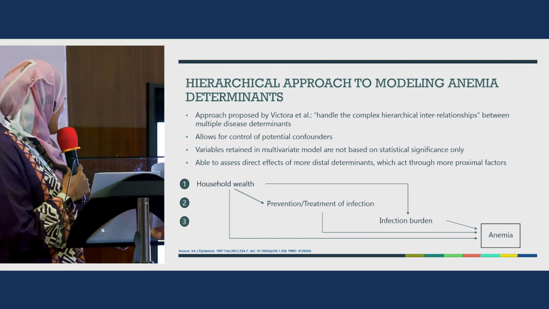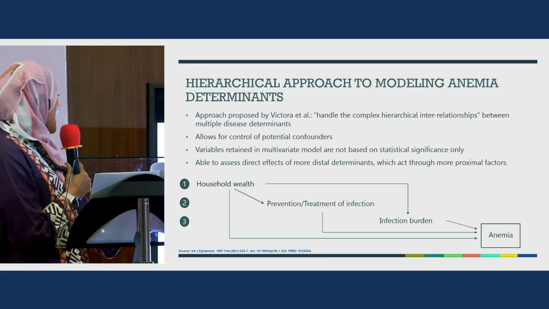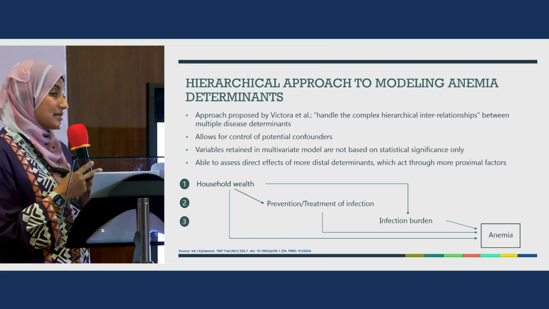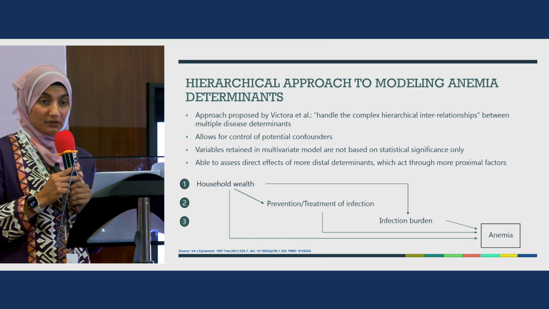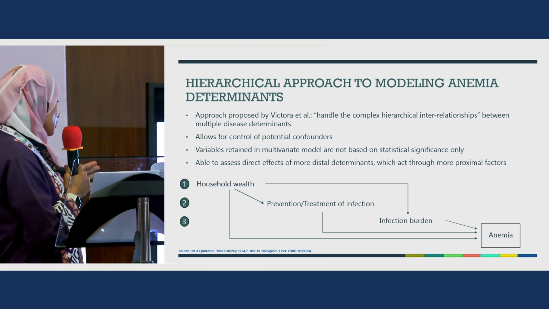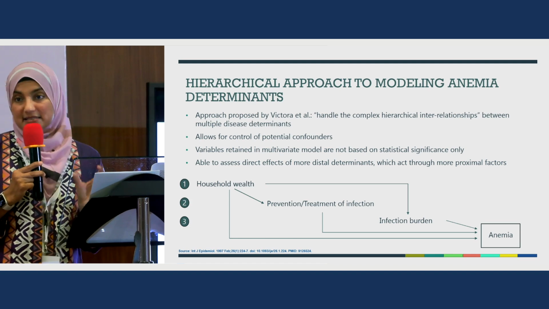So here I have a very simplified conceptual framework with anemia as the outcome, and the model is looking at the effect of household wealth and how it potentially impacts anemia burden. So in the hierarchical approach, we would first assess the impact of household wealth on anemia by itself.